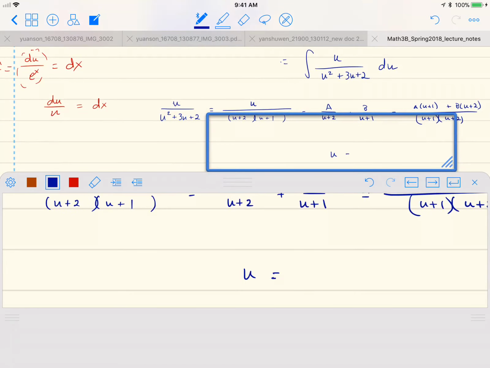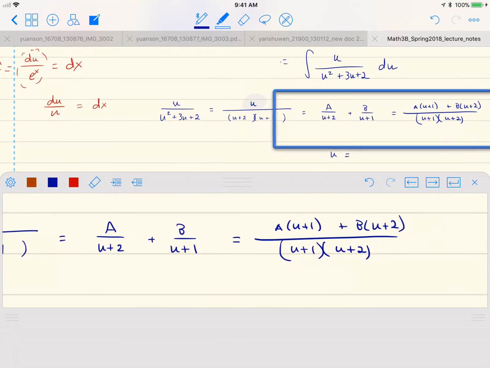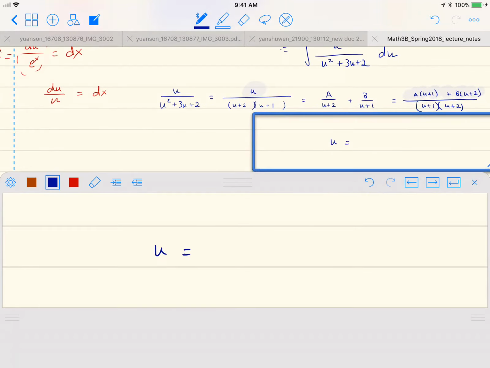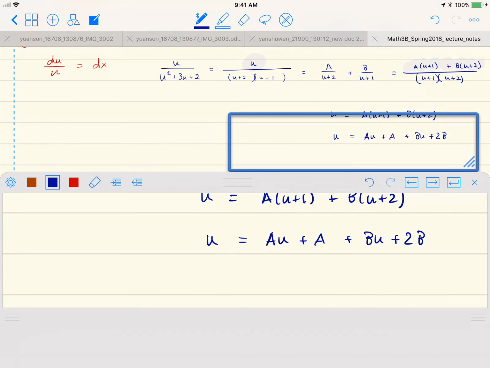So u, the numerator, has to be the same thing as all of this up here: a times u plus 1 plus b times u plus 2. And so I can go ahead and expand this. So I'll have au plus a plus bu plus 2b is equal to just u. Collect like terms, so a plus b times u plus a plus 2b is equal to u.